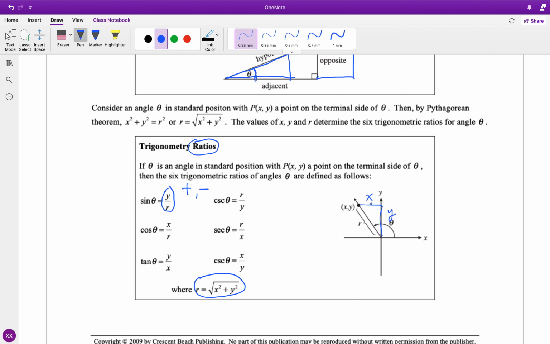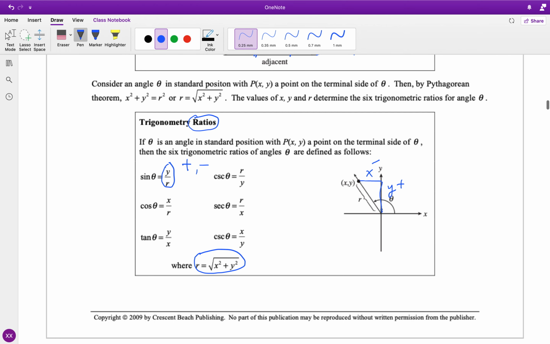So this x value here is a negative value. This y value here is a positive value. But if we look at the hypotenuse, that is the root of x squared plus y squared. They're always positive. So now we're linked to, so then this is the angle here. You see, this is the angle here. But we also got a so-called reference angle. Now the reference angle is over here.